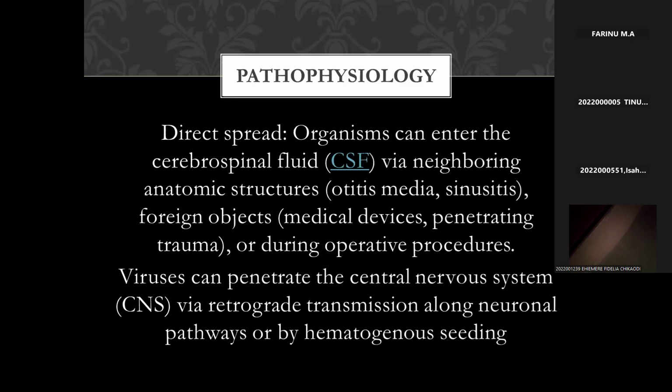You can introduce this microorganism directly, or during a postoperative procedure. And immediately they find their way, they are going straight to what? To the subarachnoid space. From there, they cross the blood-brain barrier, they affect the meninges, and the inflammatory process takes place.